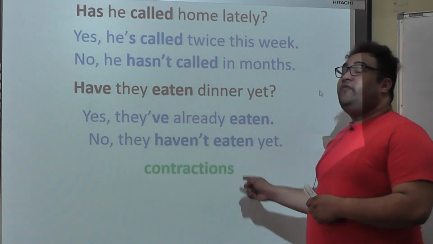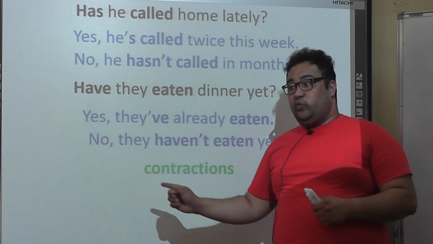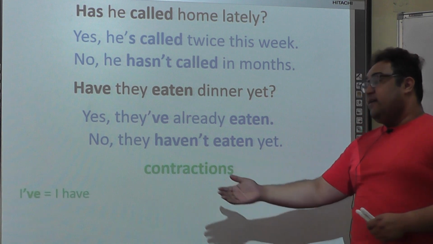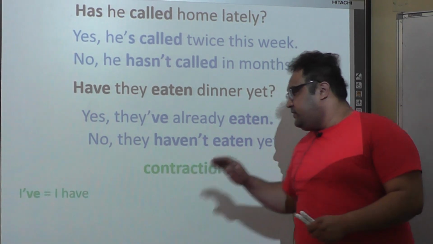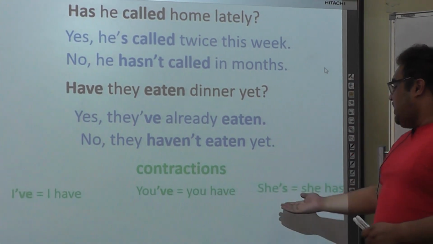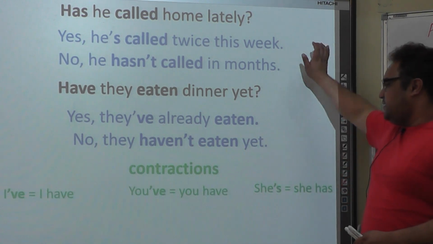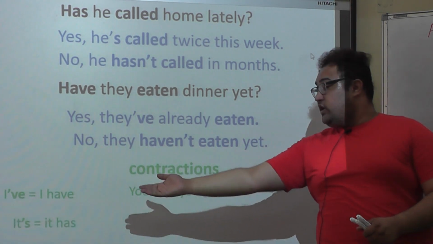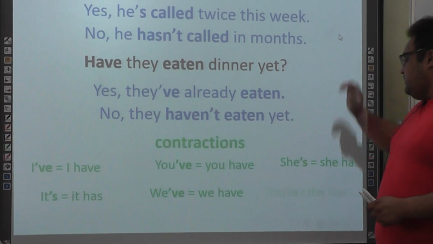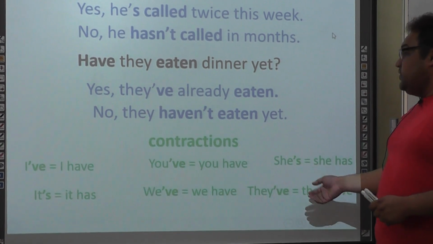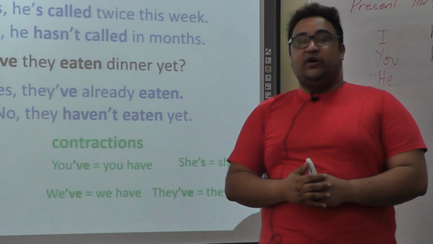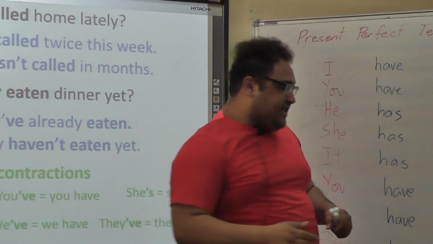Now, take note of the contractions that we use in the present perfect tense. Like for I have, we use I've. You have, we use you've. She has, we use she's. It has, we use it's. We have, we use we've. And they have, we use they've. So take note of that. So let's have more examples.